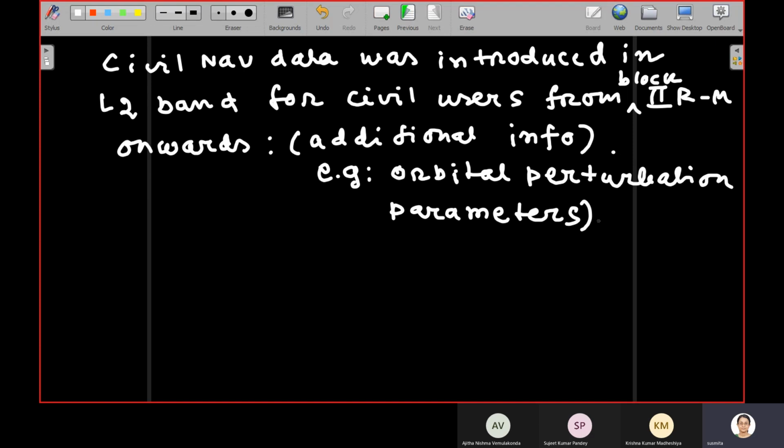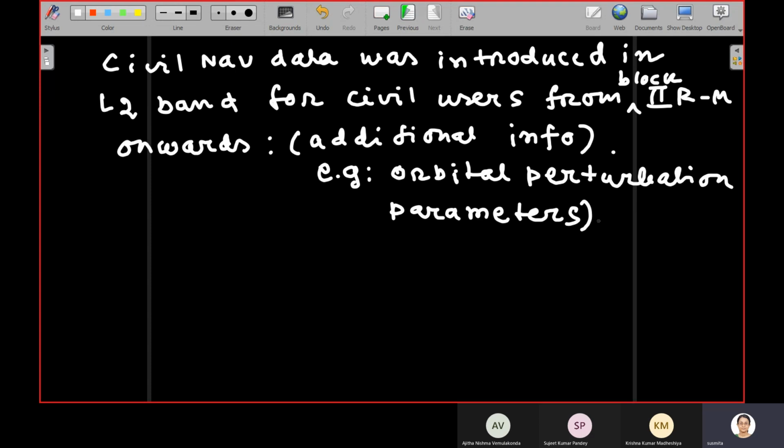Okay, so block 2RM onwards, civil nav data was introduced. So 2RM onwards means 2RM, 2F, 3, all blocks of satellites have civil nav data in L2 band. Okay. Previous satellites did not have any nav data for the civilian users.